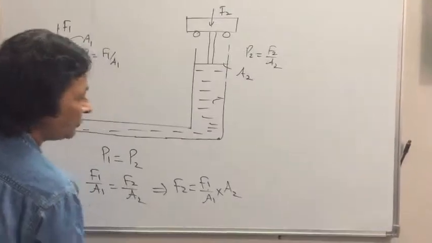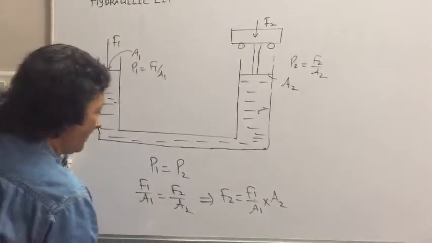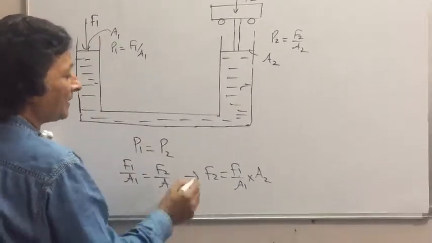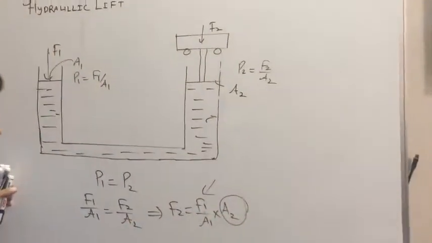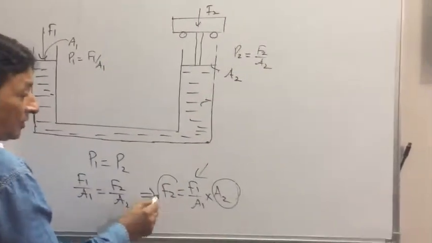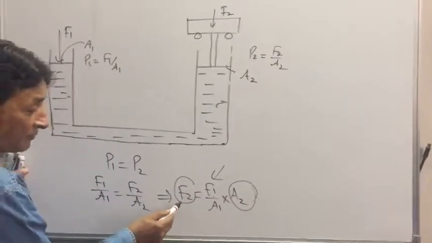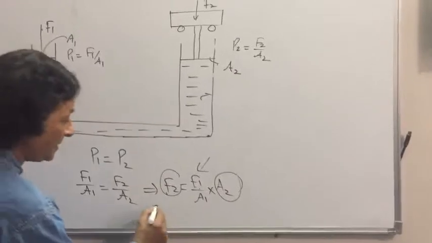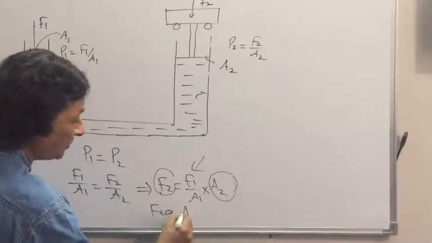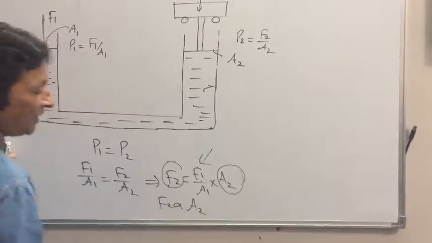So just by applying a little force F1, by increasing the area of cross section A2, the little force F1 is converted into the force F2, right? Means F2 is proportional to area of cross section A2.